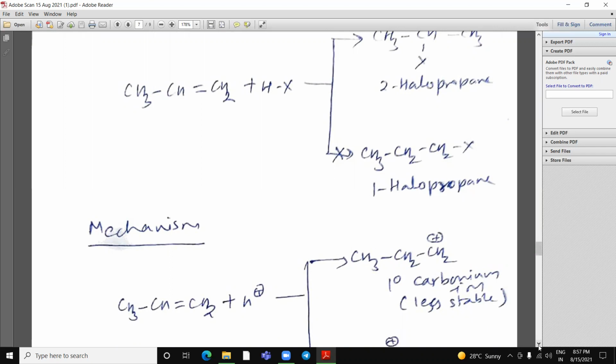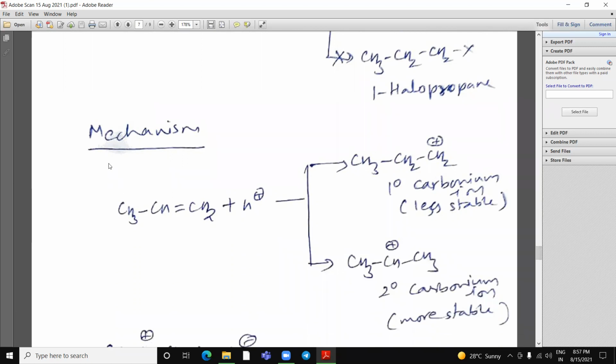See the mechanism. In first step, propene is reacted with the proton. If proton is added to the secondary carbon, we will get primary carbonium ion, which is less stable.